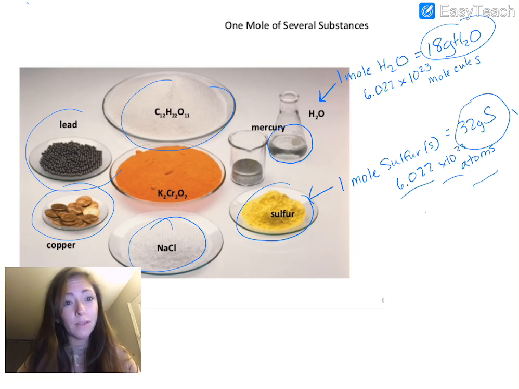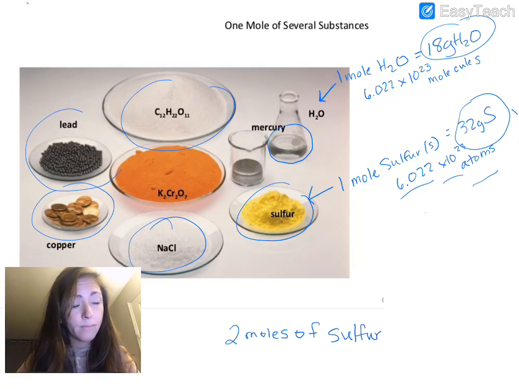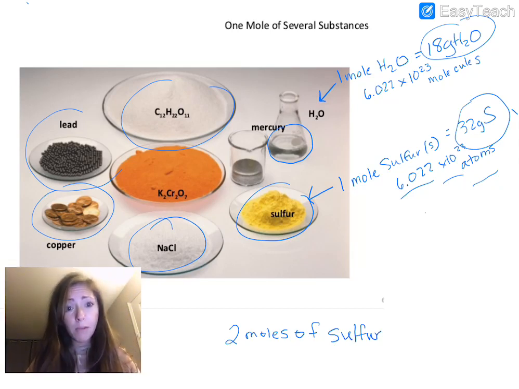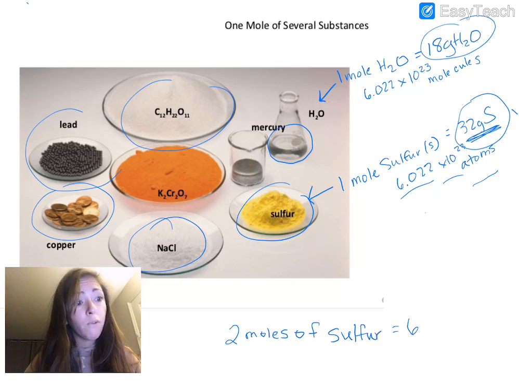So, last thing I'm going to leave you with, okay? If I had 2 moles of sulfur, all right? How much would that be? Well, we would just double our numbers. 2 moles of sulfur would be 64 grams of sulfur, right?